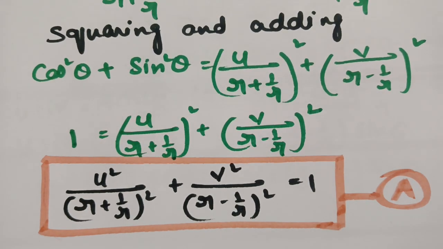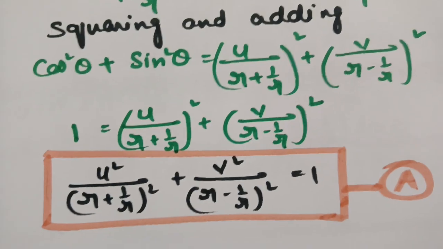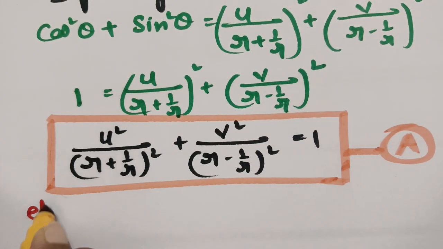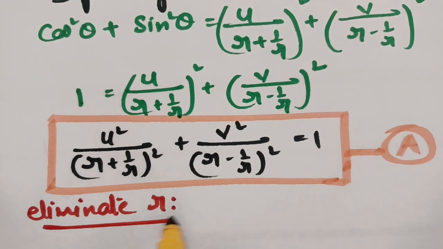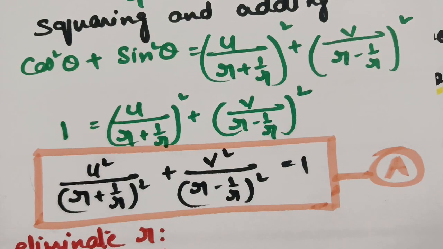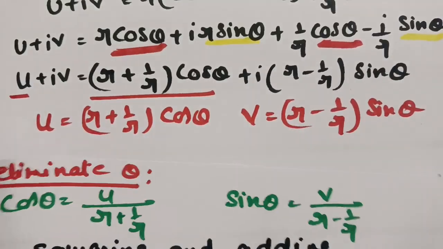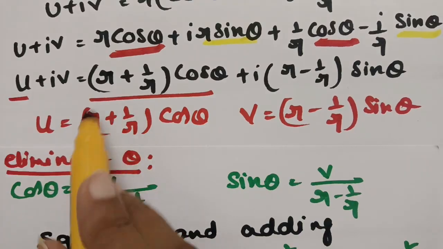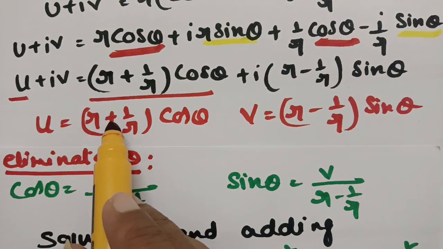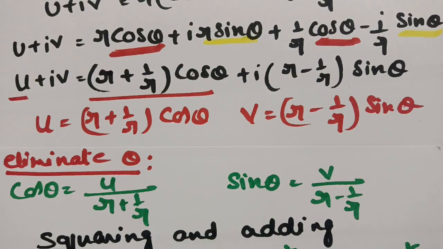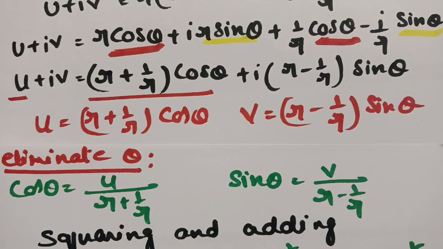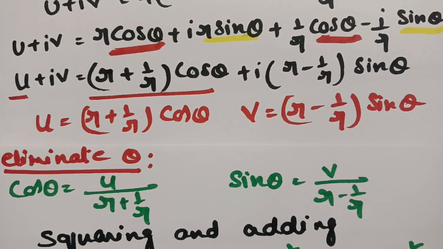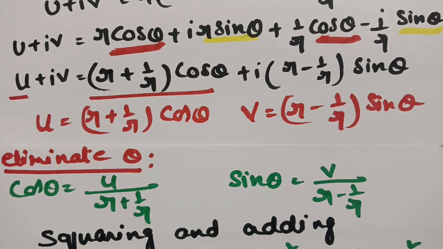And the next thing is, now I am going to eliminate r this time. From which equations? So we got the equations here. From these two equations I am going to eliminate r. u is equal to r plus 1 by r into cos theta, and v is equal to r minus 1 by r into sin theta.